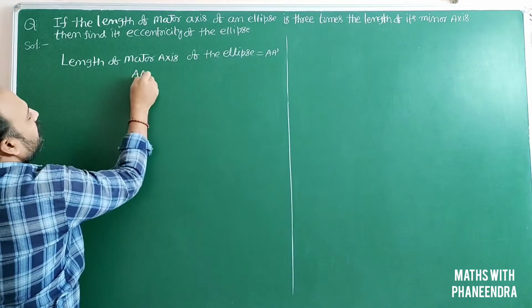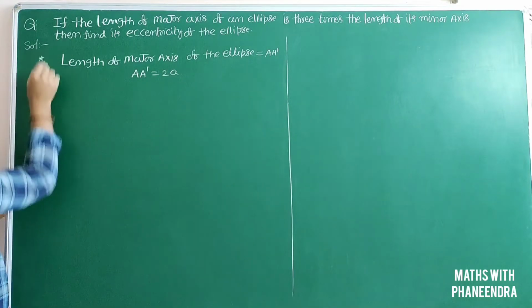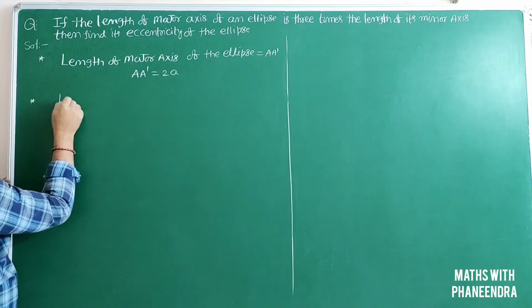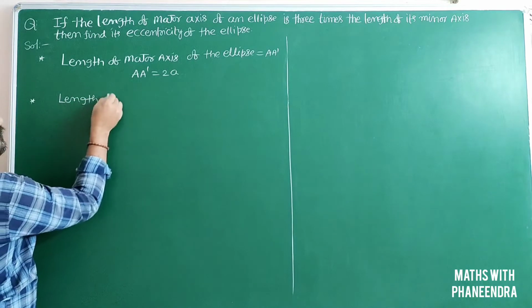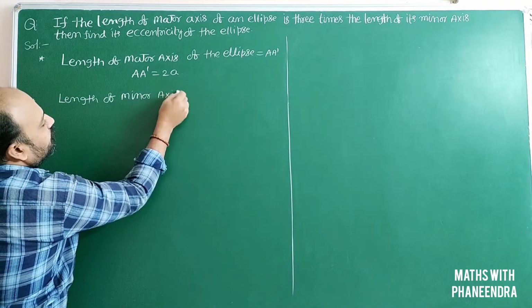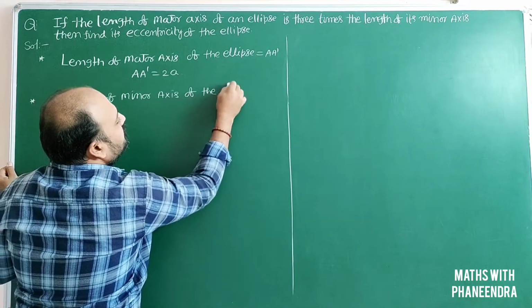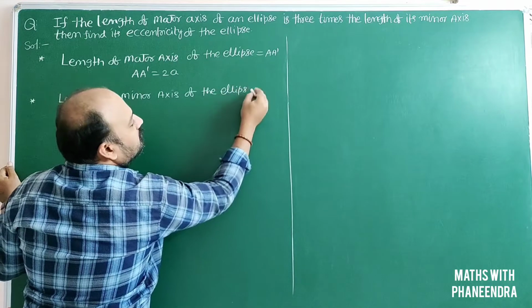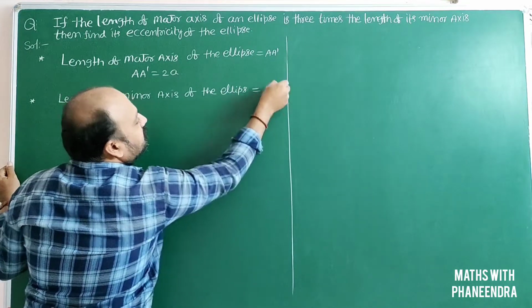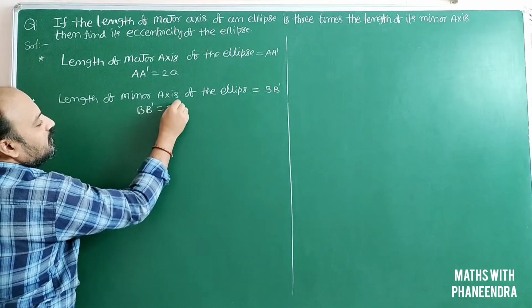So a dash is equal to 2a. Length of minor axis of the ellipse, b dash, that is b dash is equal to 2b.